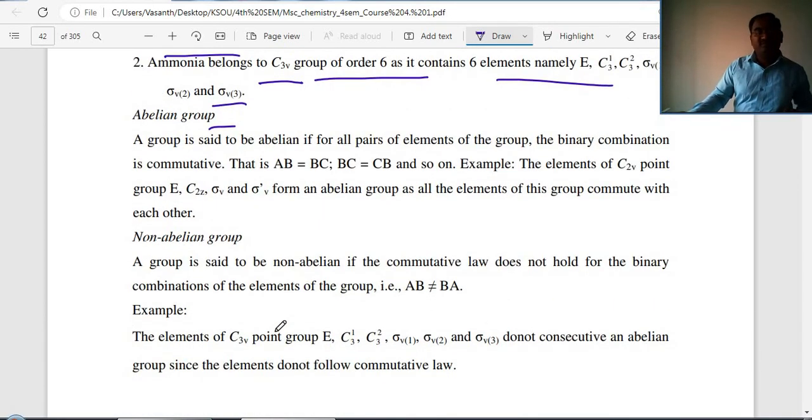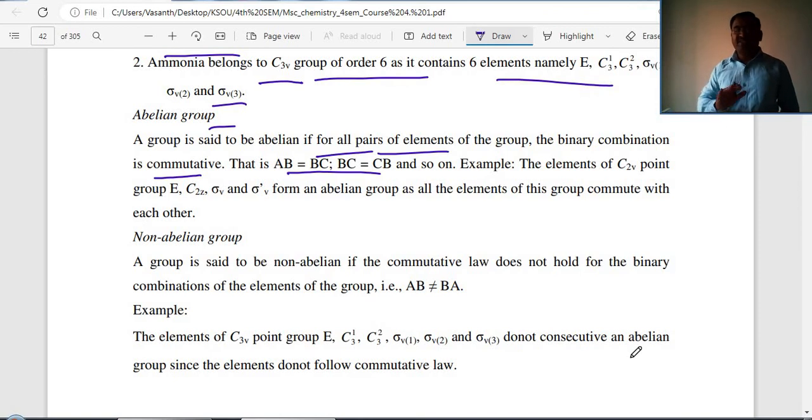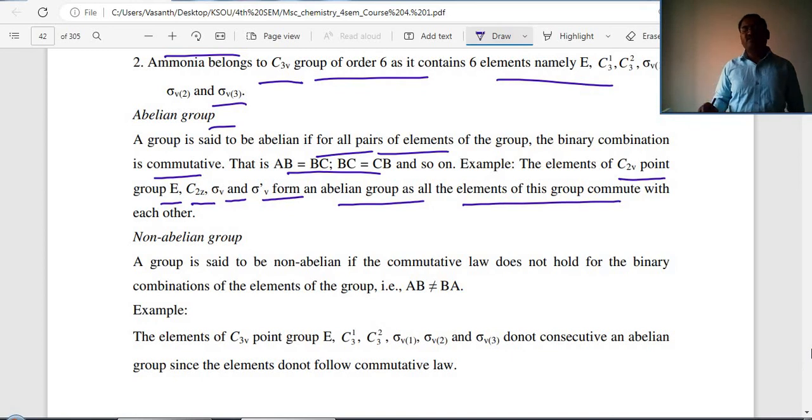Abelian group. A group is said to be abelian if for all pairs of elements of the group, the binary combination is commutative. That is, AB is equal to BA, BC is equal to CB, and so on. For example, the elements of the C2v point group, E, C2(z), sigma v and sigma v dash, form an abelian group, as all the elements of this group commute with each other.